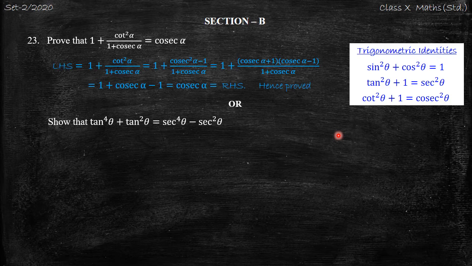Okay, the next question: tan to the power of 4 theta plus tan square theta equal to secant to the power of 4 theta minus secant square theta. Okay, here also you should use this identity.